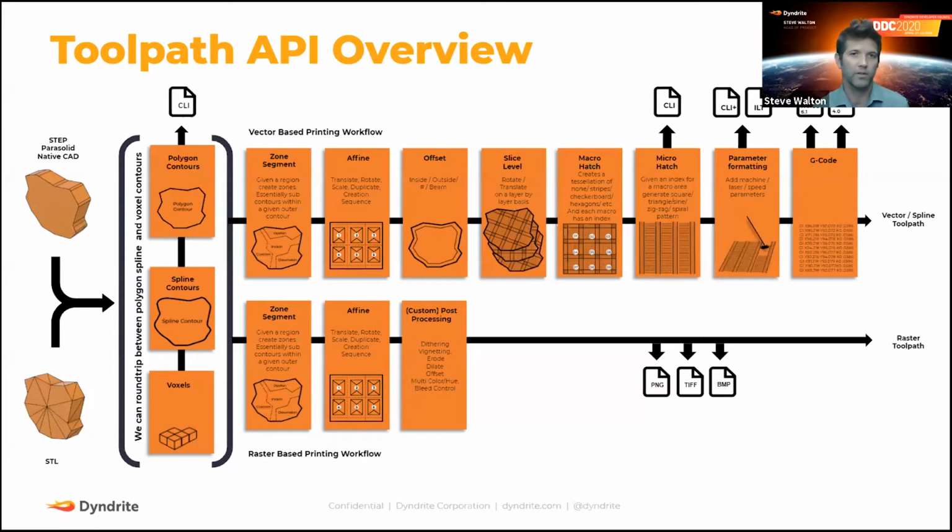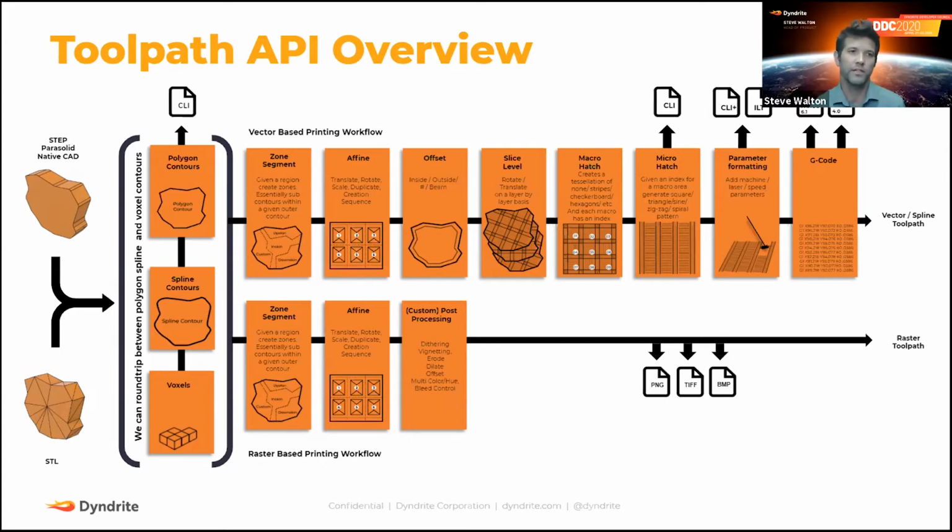And the Toolpath workflow takes these operations much further, following the precedent of current Toolpath solutions, but also with a Python API to combine and automate the concepts that we show on the screen, such as zoning the parts, translating the parts, offsetting, doing large slice level operations, macro hatching operations, micro hatching operations, and then additional parameter formatting.